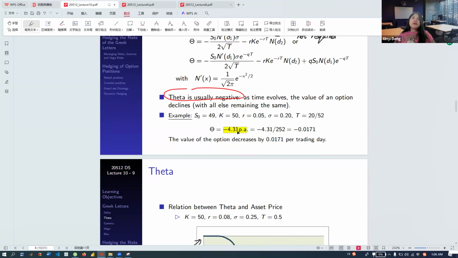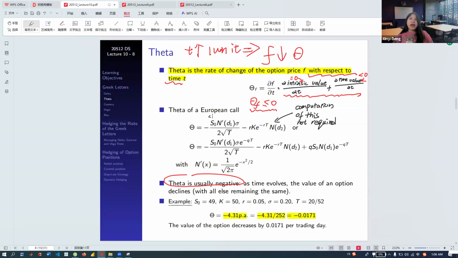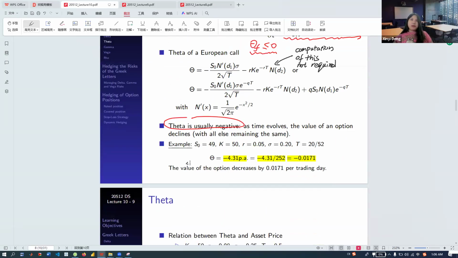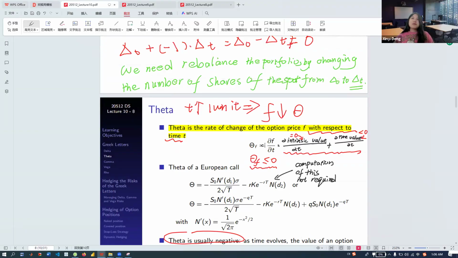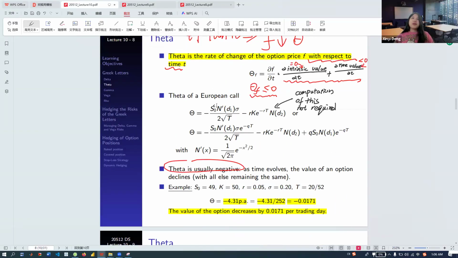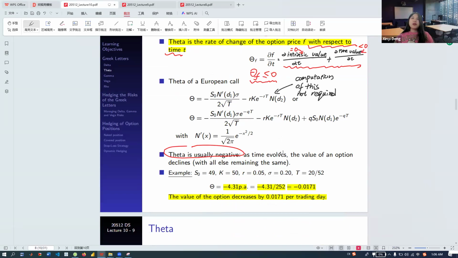Therefore, to convert it into daily, we divide by the number of trading days in a year, 252, and we get the daily theta being minus 0.0171. The economic implication behind this value is that the value of the option is going to decrease by 0.0171 per trading day. That's an application of the implication in the first bullet point.